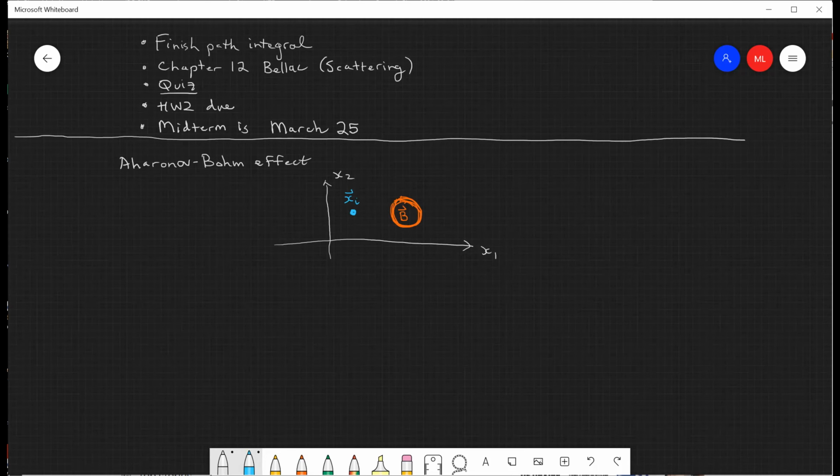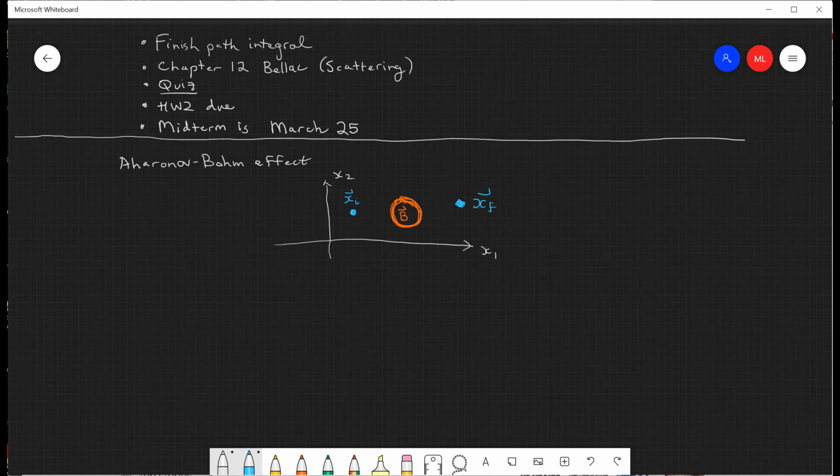And what we're going to do is the usual thing. We're going to calculate the propagator associated with moving the particle from the initial position here to some final position.